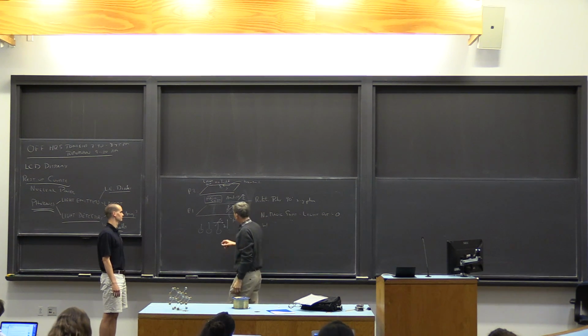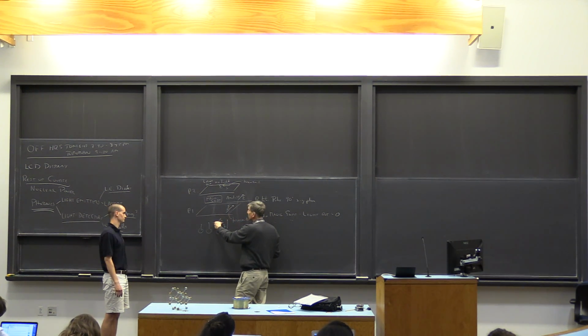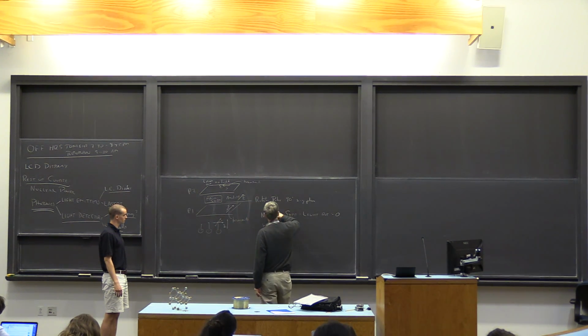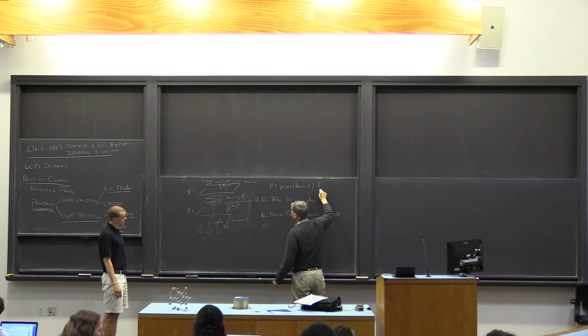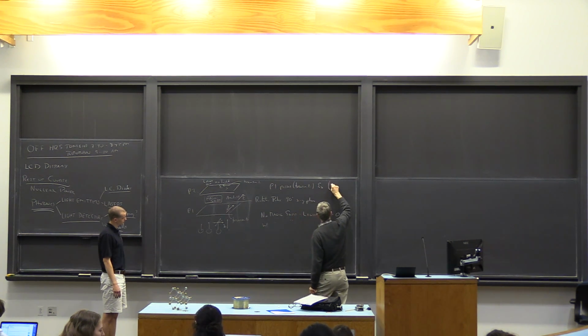And furthermore, we could consider this light a superposition of half light this way and half light polarized that way. So P1 passes or transmits E in the X direction, which is 50% of the light that comes in.